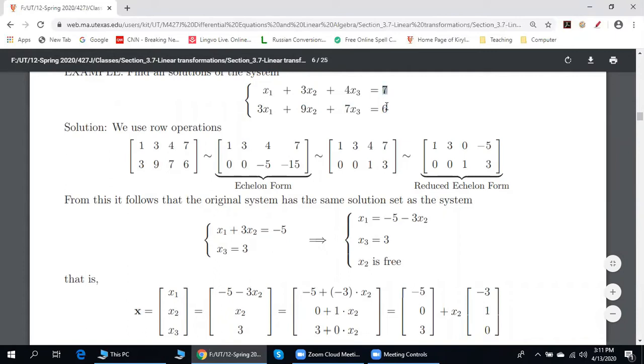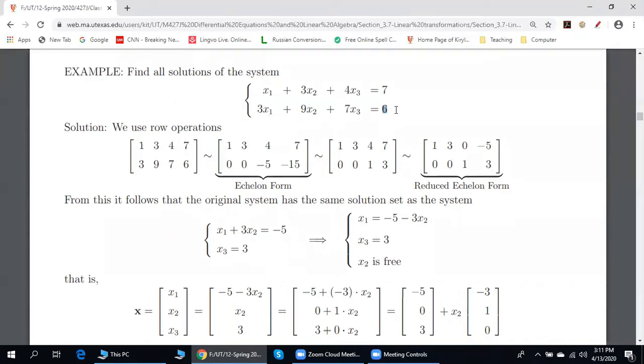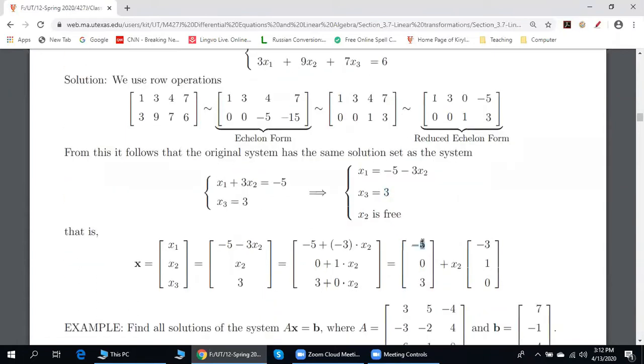So if we have 0 here and 0 here, and we want to find the general solution of this homogeneous system, we will put here 0 and here 0. Therefore, here and here will have zeros. Therefore, instead of -5 and 3, we will have zeros.